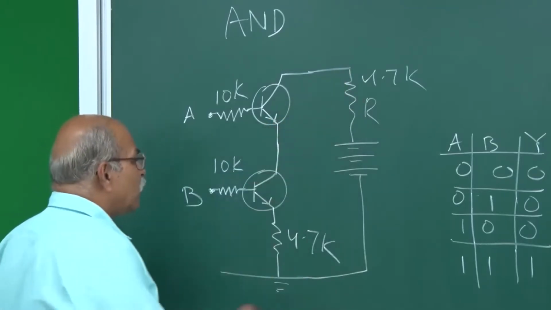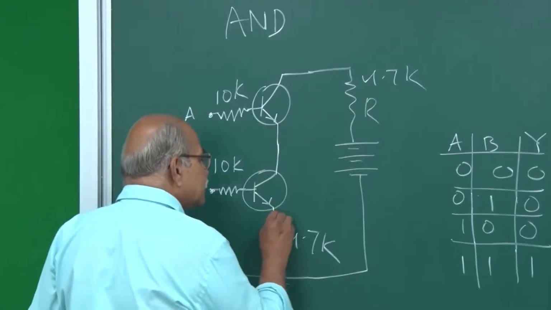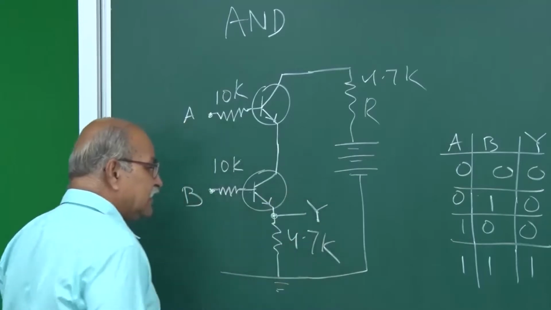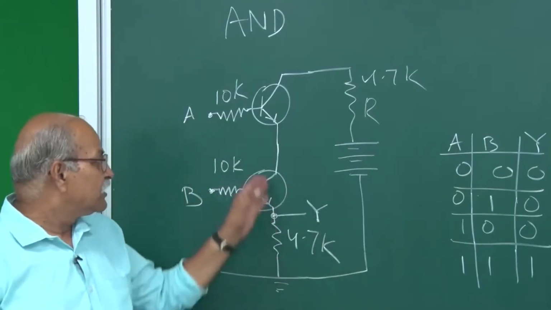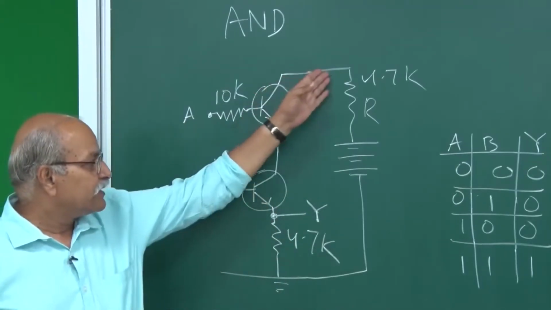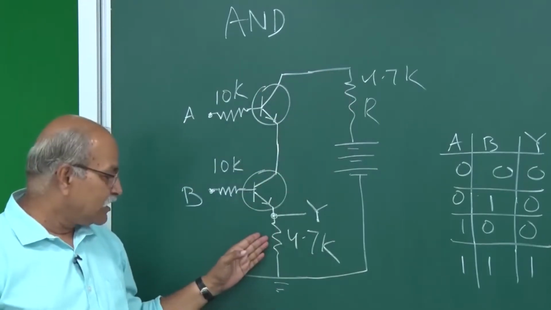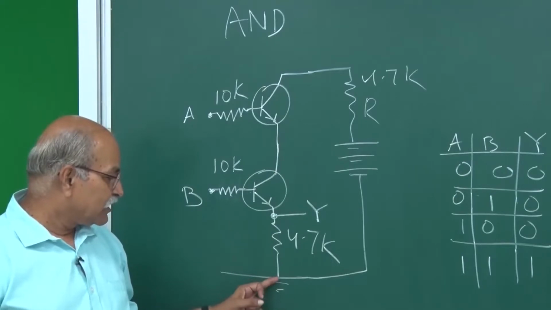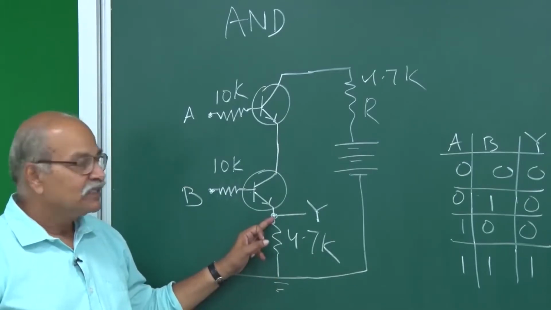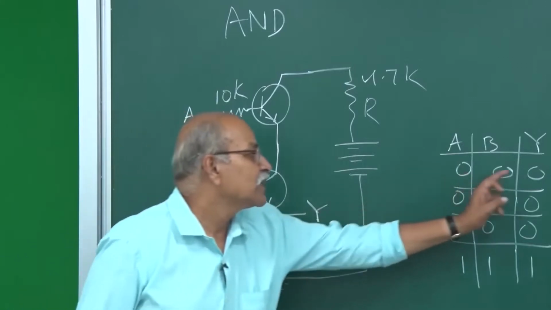But if I take the output from this point, if this is Y, then see what happens. If there is no current in the transistor anywhere, no current here and no current here as well, then this is 0 potential, this is also 0 potential. So, it is low and 0 0 becomes 0.